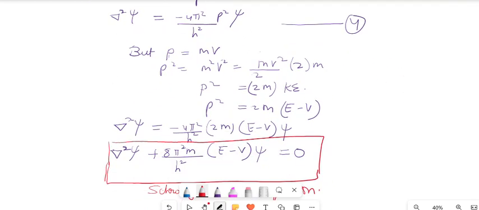Then kinetic energy is equal to total energy E minus potential energy V. This is the total energy, and this is the potential energy.